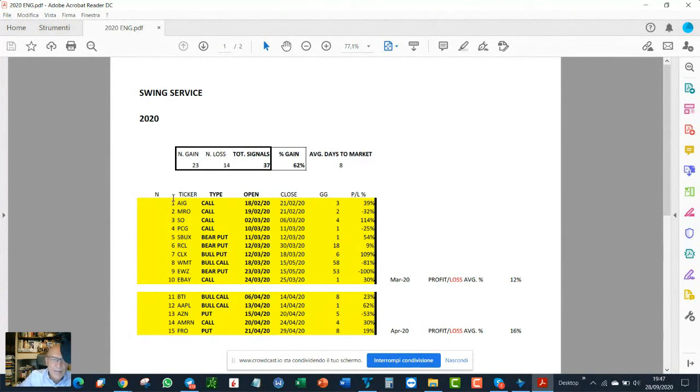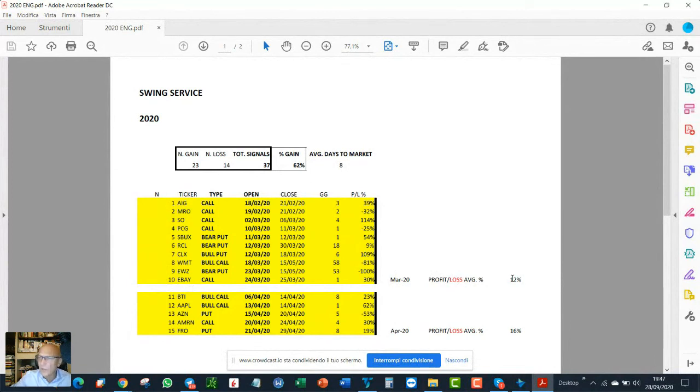And in March, including the 2 in February when we started, we had 10 signals. So as you can see, we don't have a lot of signals every day. So it's quite easy to manage the signals. And we had an average profit that month of 12%, okay?